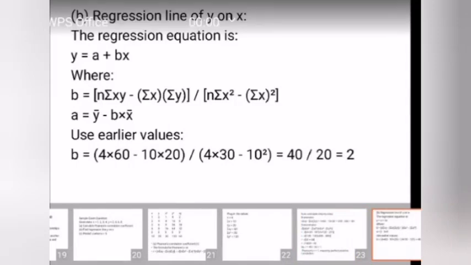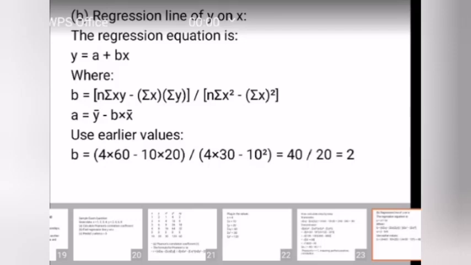And the question also asks us to find the regression line of y on x. And the equation is y is equal to a plus bx. So the formula for finding b is n times sigma xy minus sigma x times sigma y over n times sigma x square minus sigma x all square.